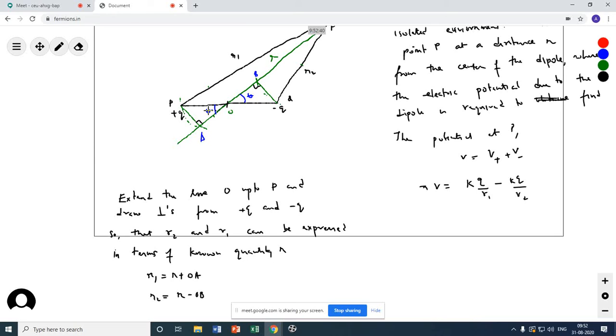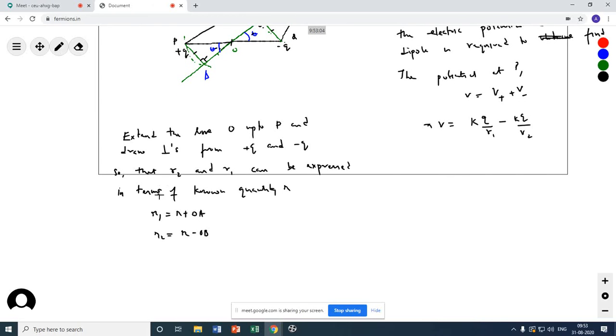Then this side and this side will be equal, this angle and this angle will be equal, and this angle and this angle will be equal. That means this is the side angle angle property. We can clearly say that triangle PAO and triangle QBO are congruent.